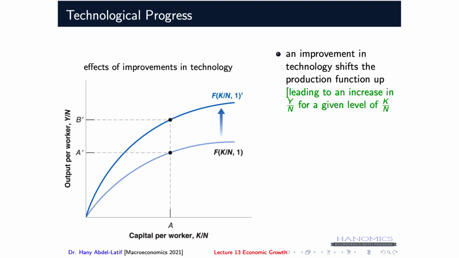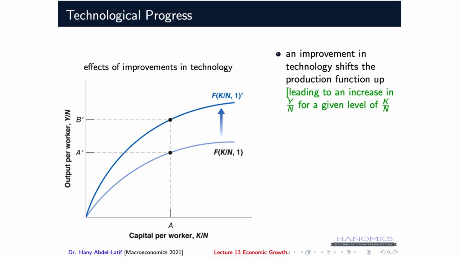Shifting that production function upward means we have higher output per worker at any given level of capital per worker. So those were very important points that you need to know about the production function, explaining why it takes that shape, why it looks like that. Again, just don't get lost in the details. You just need to sit back and see the whole picture.